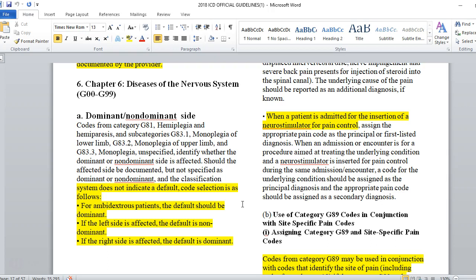We should always go back and query the provider about this, always ask them if they know which side is the dominant side so that we don't have to worry about this. But these are the guidelines when they don't tell us.